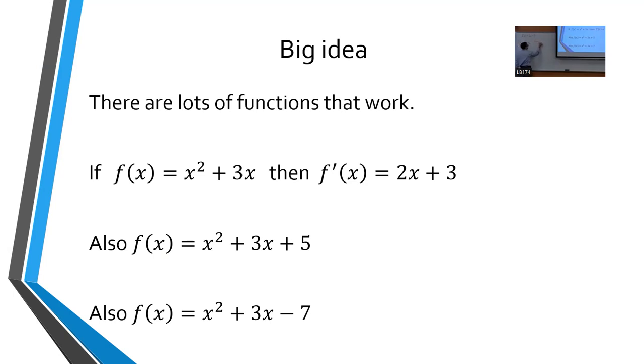Then the derivative would be 2x plus 3. You guys remember taking derivatives, exponent comes on a polynomial, exponent comes down in front, and then it gets lowered by 1. So exponent of 2 comes down, multiplies the coefficient of 1, and then that x squared becomes an x to the first. And then this x to the first becomes an x to the 0, which is just a 1, which we don't have to write.